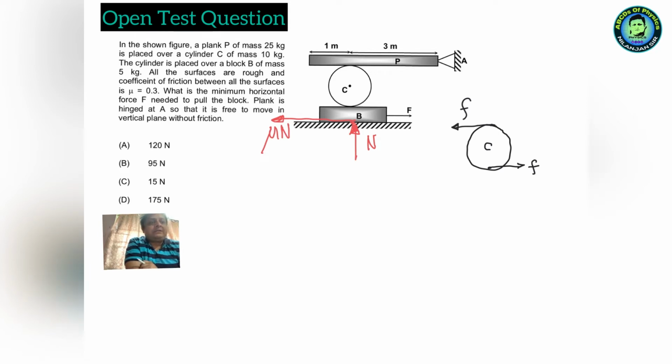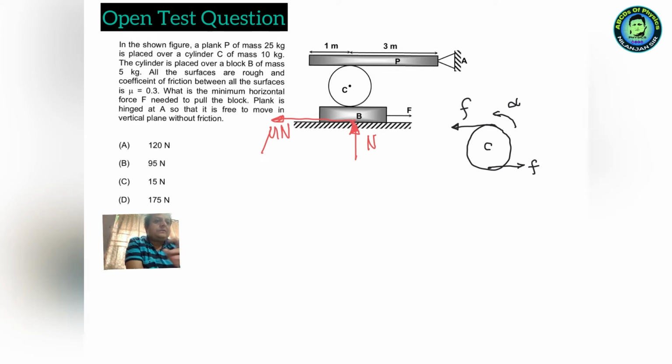But what happens if friction acts this way, friction at the lower surface F to the right and the upper surface F to the left? Then if you calculate torque about the center of mass of this cylinder C, there will be an unbalanced torque, and this proves that there will be angular acceleration alpha.